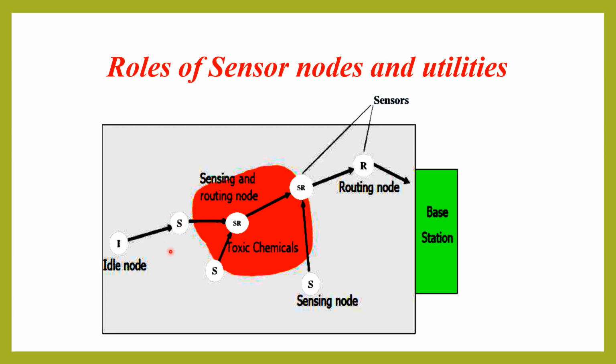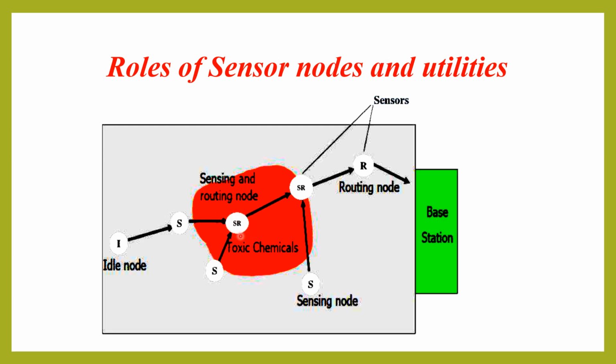We can make use of these nodes for sensing the information alone around the environment. Those present inside the environment exactly at the core, we can make act as both sensing as well as routing, providing the information along with their own sensed information.